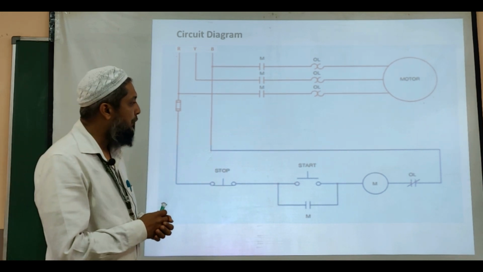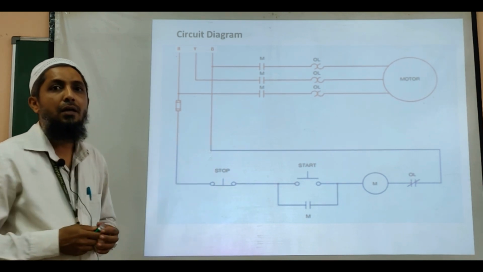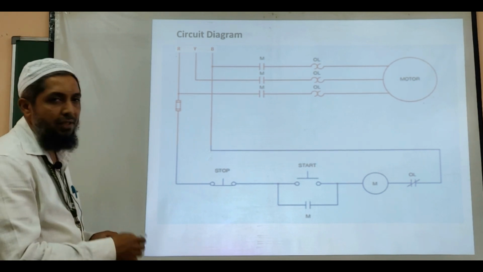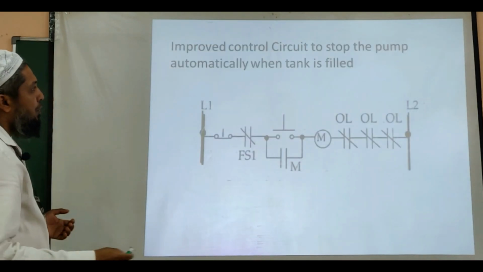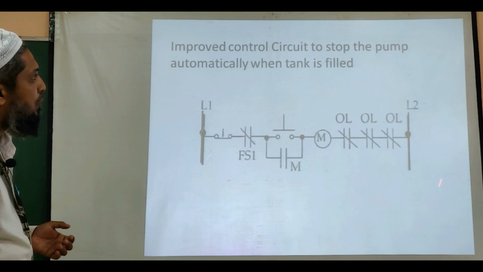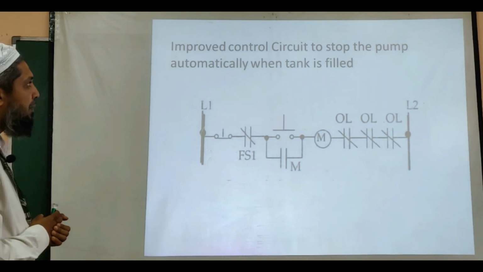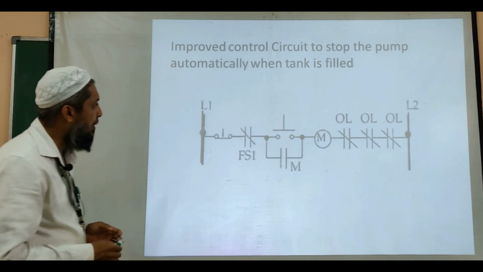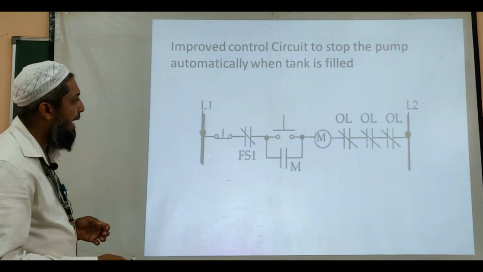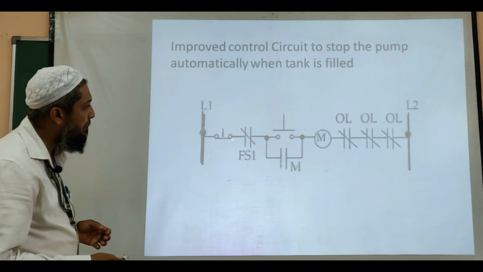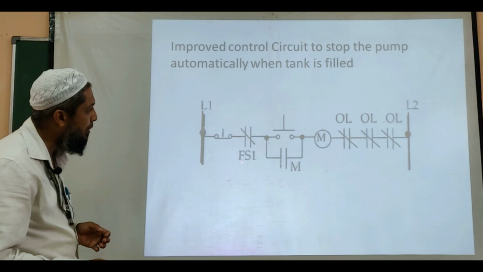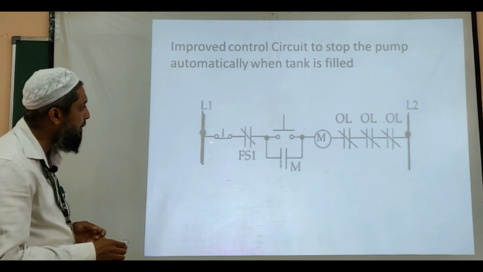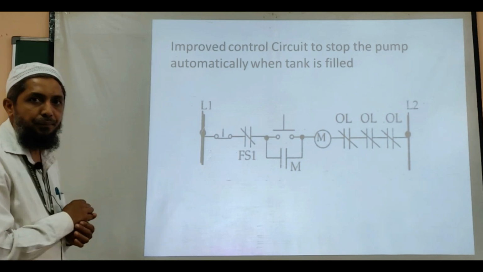For that, we add one extra contact into this circuit. So here is the improved control circuit to stop the pump automatically when the overhead tank is filled. We have added one extra maintained momentary contact in series with the stop button.